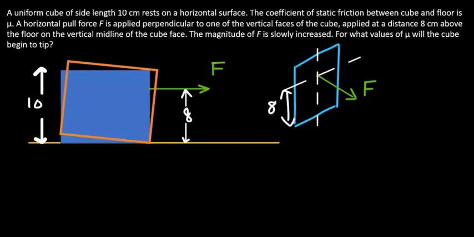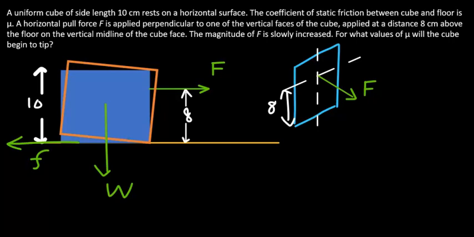So let's look at the free body diagram. We know F is one of the forces acting directly on this cube. The other one is, of course, the weight of this cube, which acts exactly through the middle. And then you have the static friction that acts between the surface of the cube and the floor.